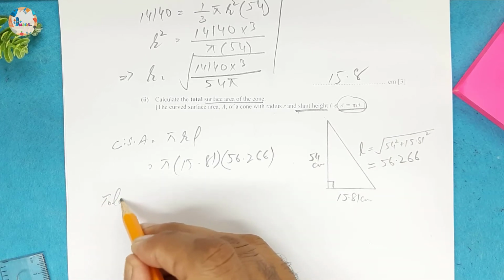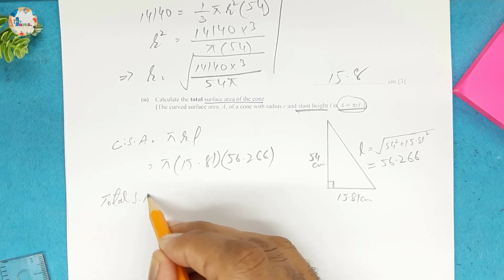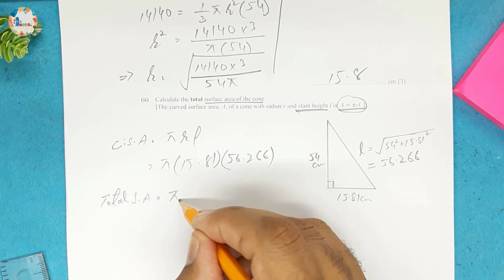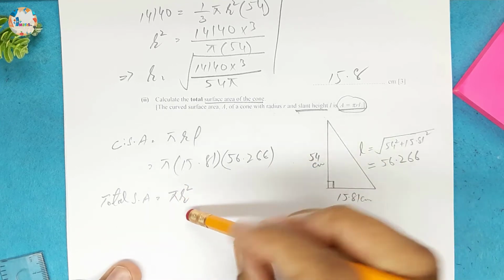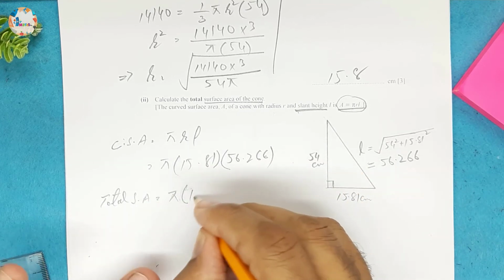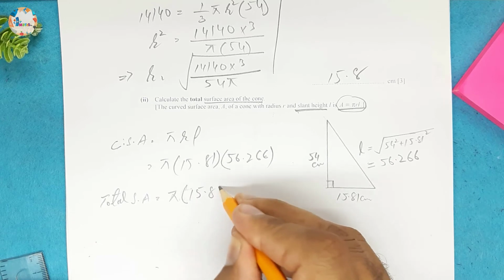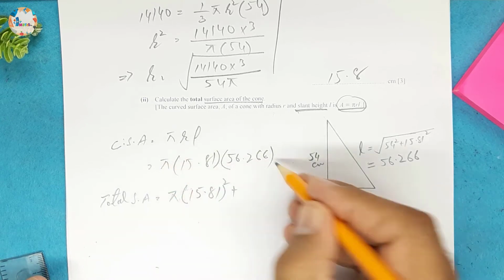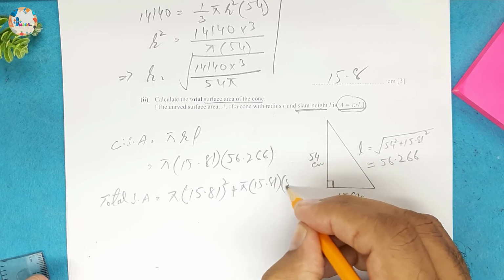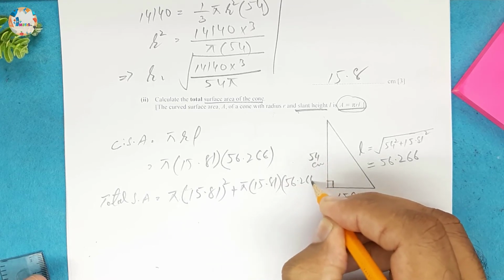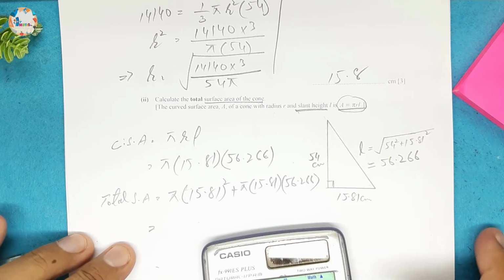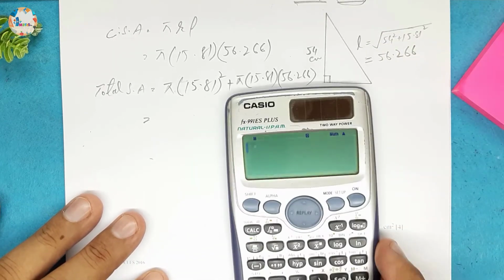Total surface area will be equal to, the base also we have to include, which is the circular base, so pi r squared, and for pi r squared we can take the value of r squared as 15.81 squared plus this value, pi into 15.81 into 56.266. So this whole calculation you can do with the help of a calculator.